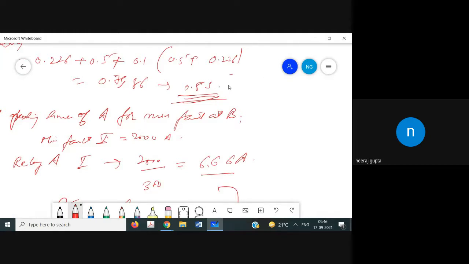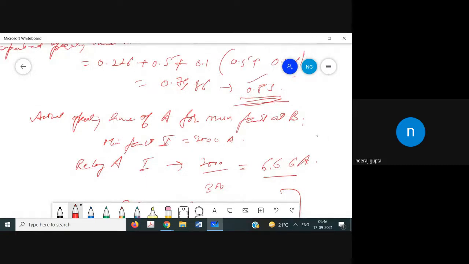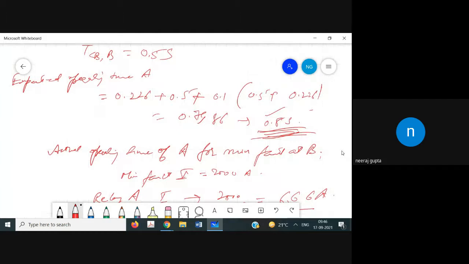With this setting we already got the 0.8 second expected operating time of A. Now after that, we have to find the actual operating time of A for the minimum fault at B. This is the time which we have calculated based on all the calculations.